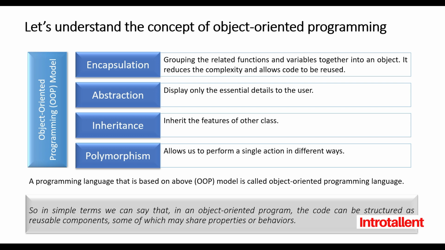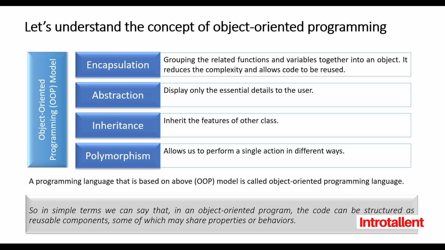So in simpler term, we can say that in an object-oriented program, the code can be structured as reusable components, some of which may share properties or behavior, right? I have summarized all the points above into a sentence.